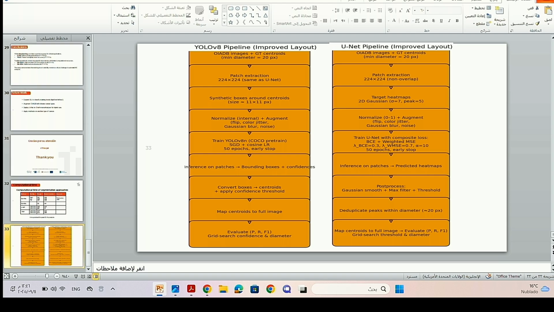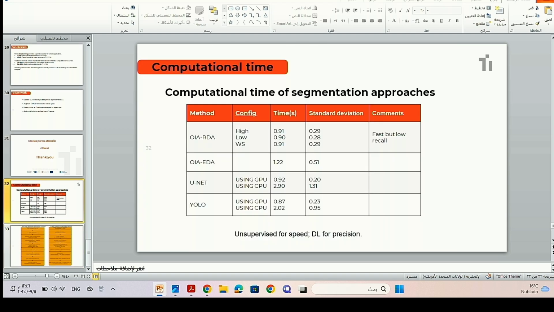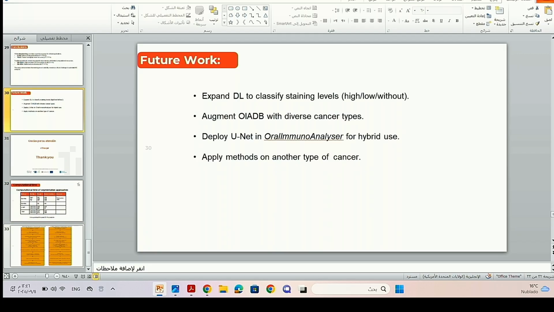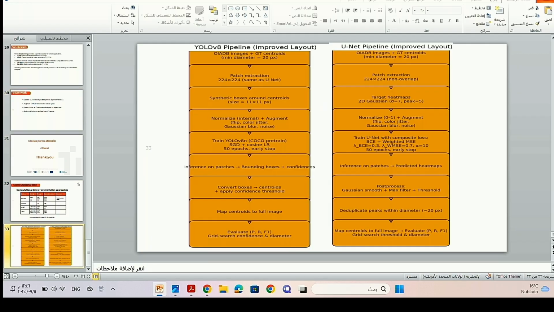We move to our future work. Our future work is expanding deep learning and including it in our software, the analyzer software.